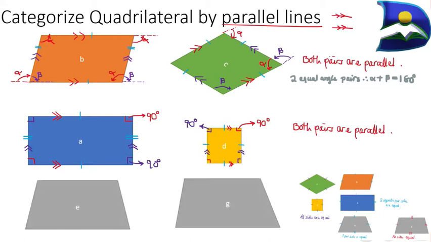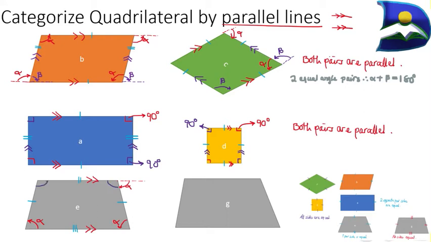Looking at the next shapes here, which involve E and G, that are both gray, we notice by the length measurements that while these two lines are equal to each other, these two lines here aren't equal to each other. But looking at those two horizontal lines, they are parallel to each other. We can prove that through the angles, they are alternate to the transverse line, using the same transverse line.